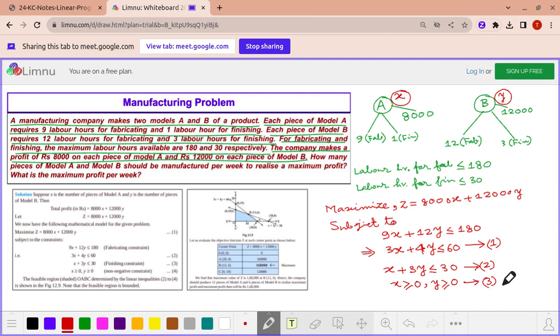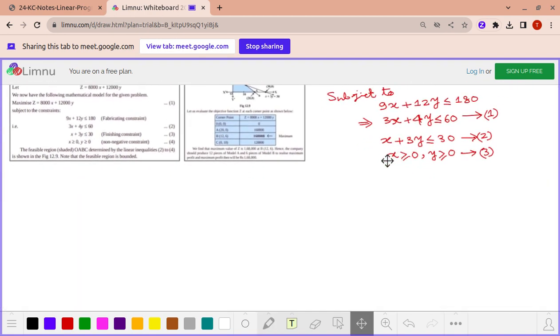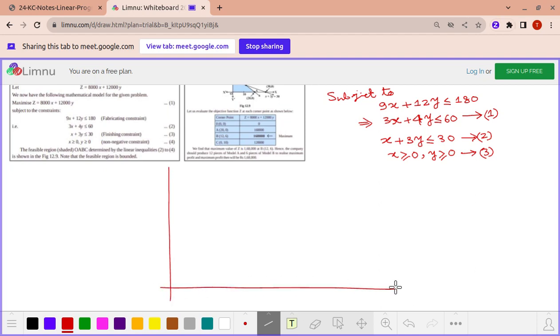Now what we need to do is plot the straight lines graphically. Okay, so let me do it here. This is the origin, this is the positive direction of the x-axis, this is the positive direction of the y-axis.